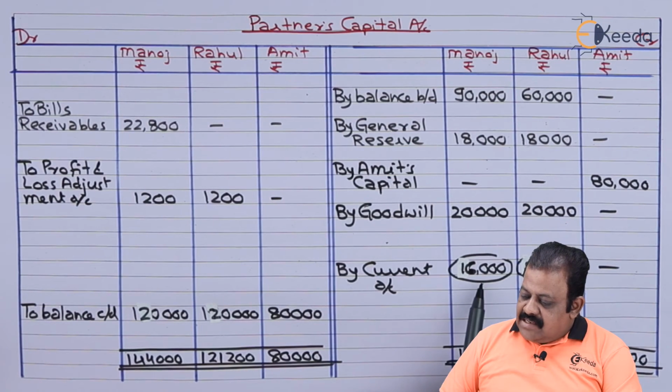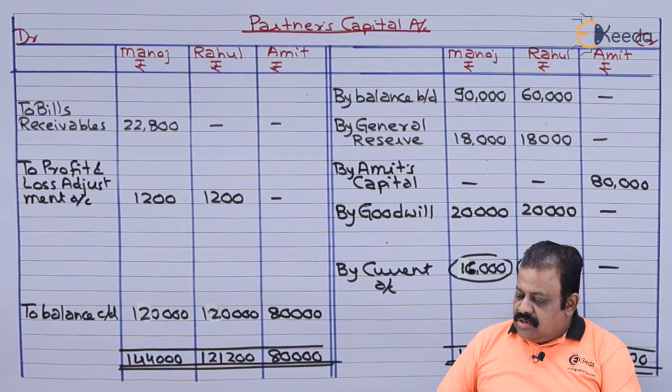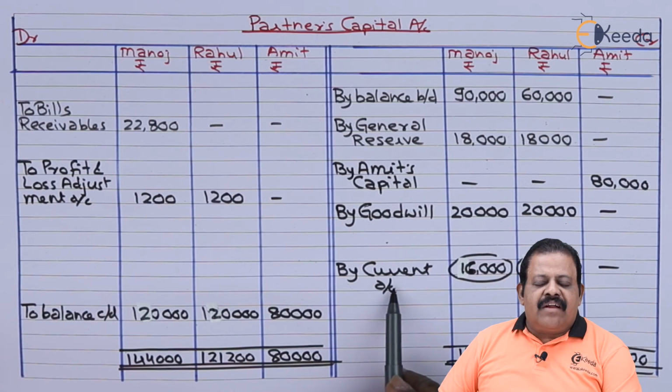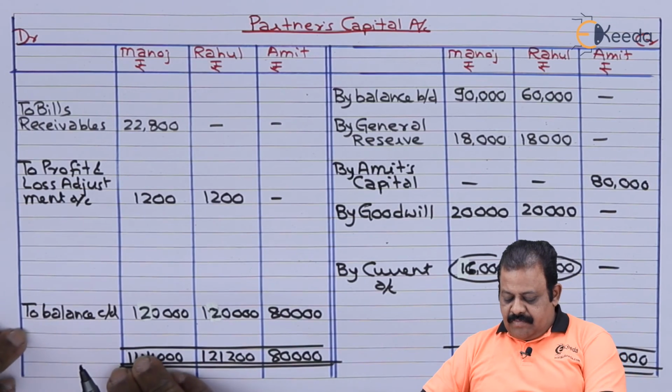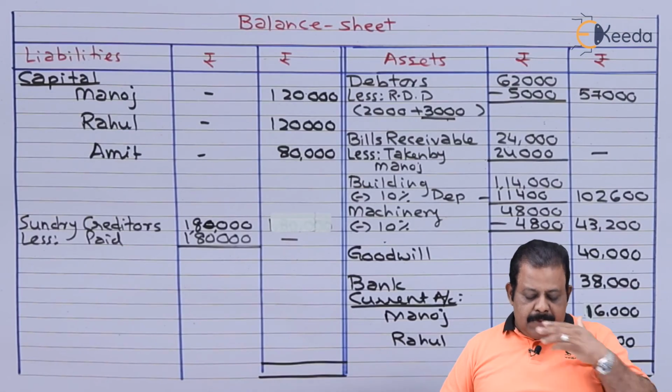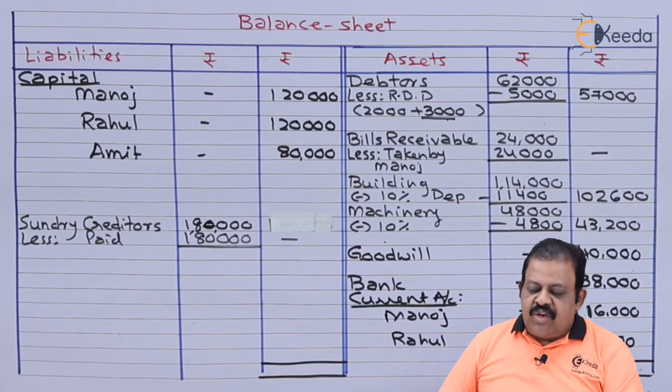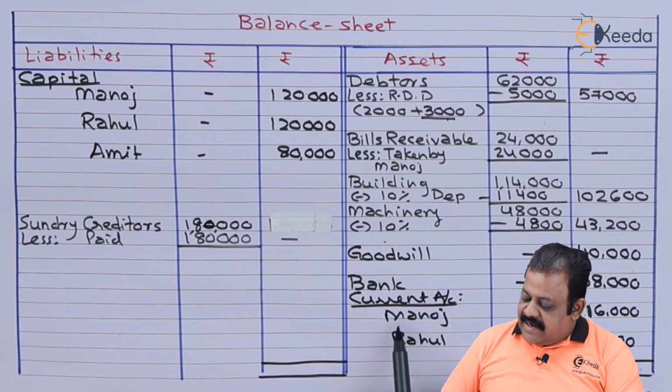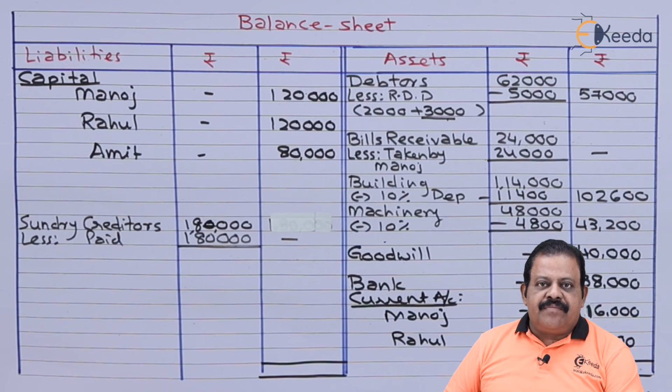We are getting balance Manoj 16,000, Rahul 23,200. It is transferred to their current accounts. Balance of current account is transferred on the asset side: Manoj 16,000, Rahul 23,200.